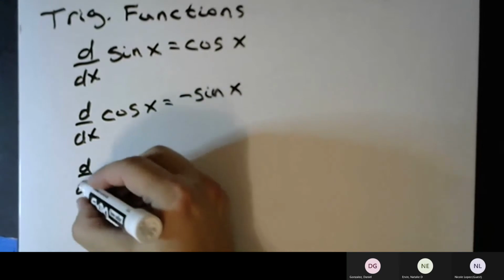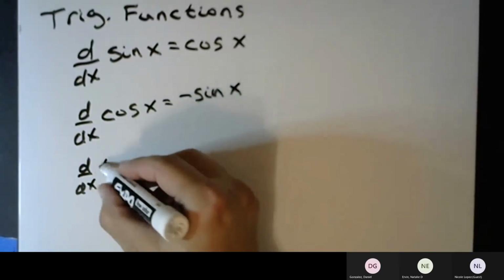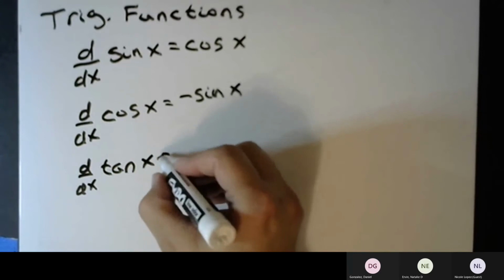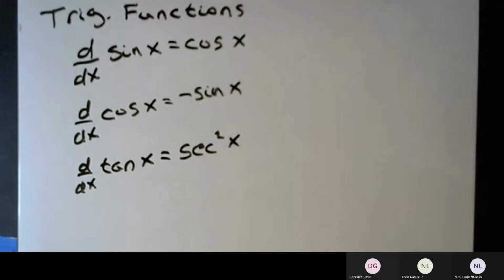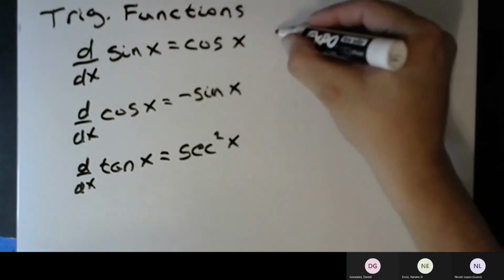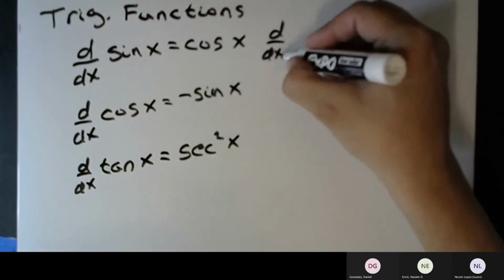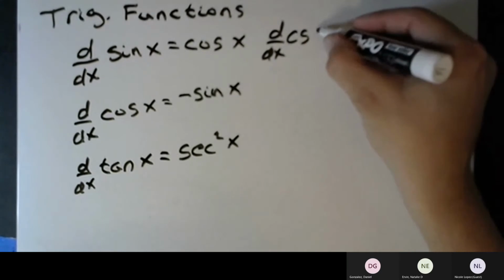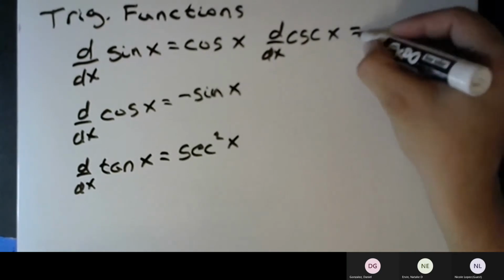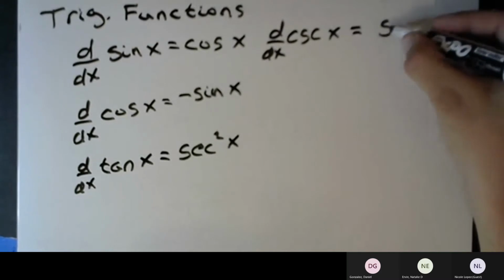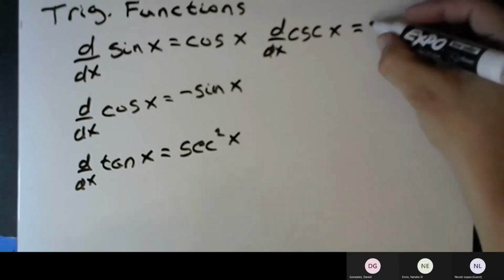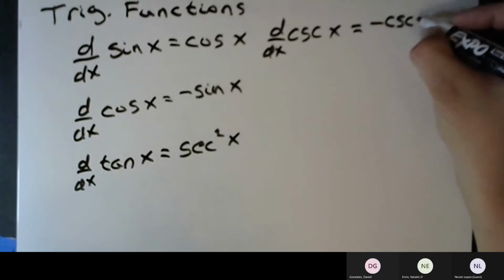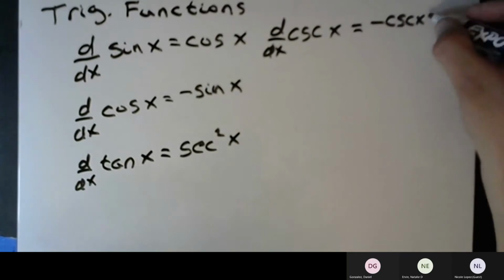The derivative of tangent x is secant squared x. The derivative of the cosecant of x is going to be, let me double check my signs here, negative cosecant cotangent.